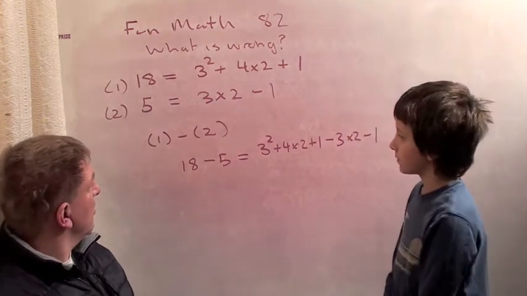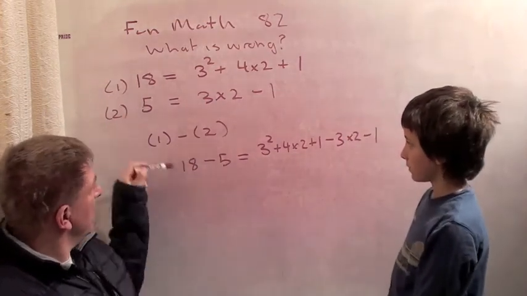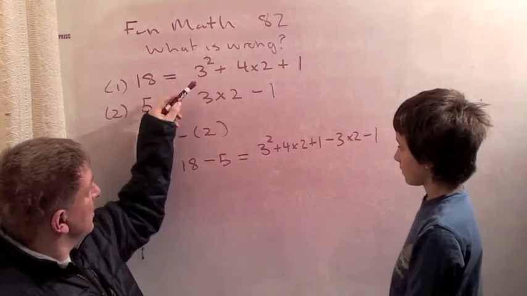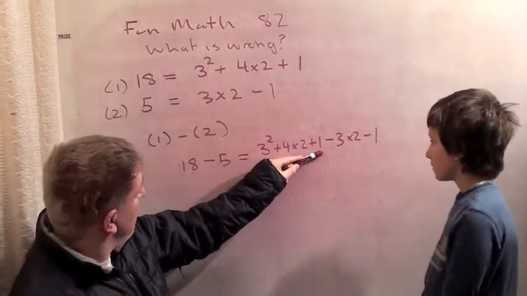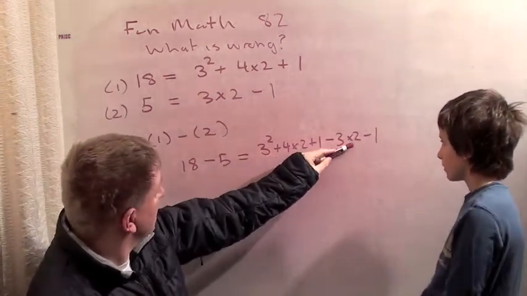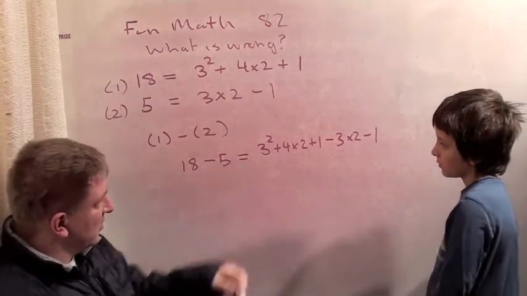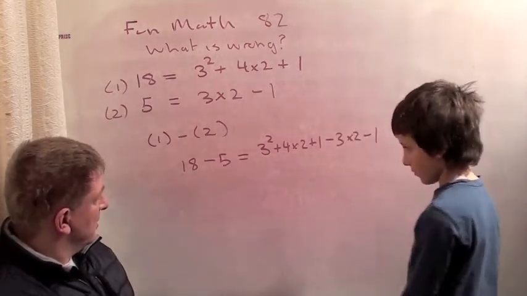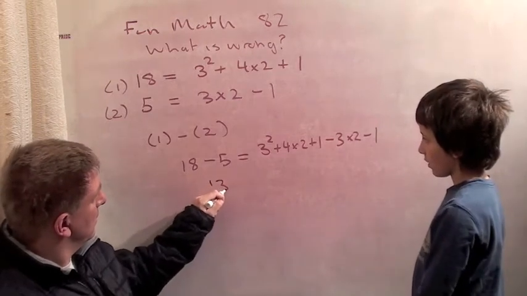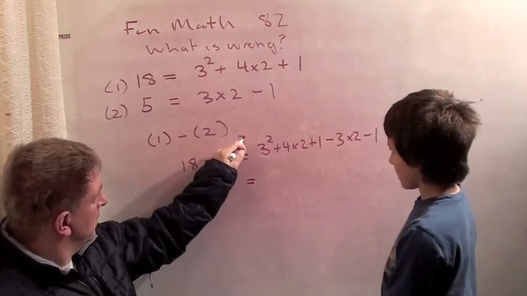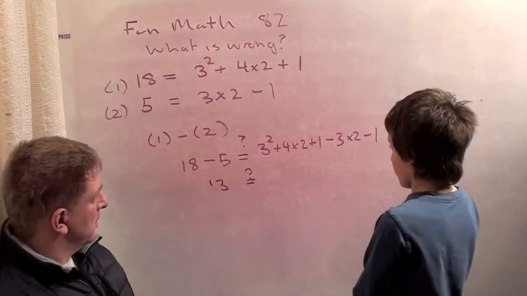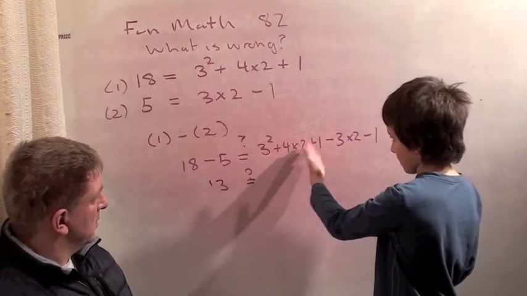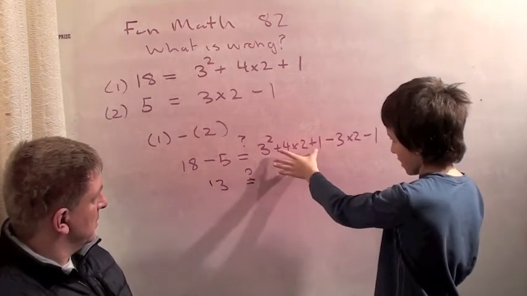Okay, now when I take equation 1 minus equation 2, I get 18 minus 5 equals 3 squared plus 4 times 2 plus 1 minus 3 times 2 minus 1. Is this equation correct? Well, 18 minus 5 is 13. 3 squared is 9 plus 9, this is 18.